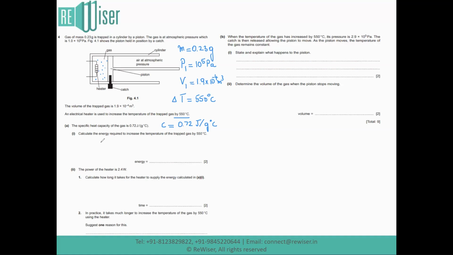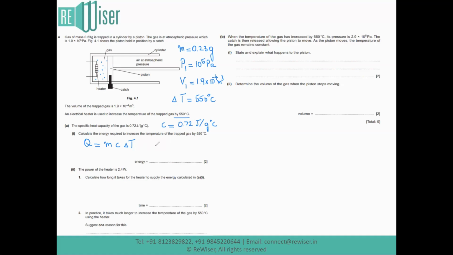Moving ahead, we need to calculate the energy required for this temperature change. The energy required, capital Q, is given by the expression Q is equal to m into c into delta T. This is the expression involving specific heat capacity discussed in section 2. Here we have the substitutions: mass is 0.23 grams, kept in grams, c is 0.72 joule per gram per degree Celsius, and the change in temperature is 550 degree Celsius.